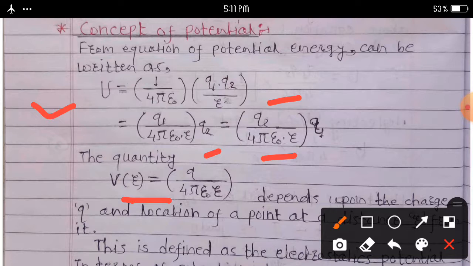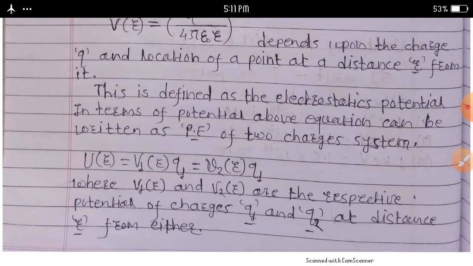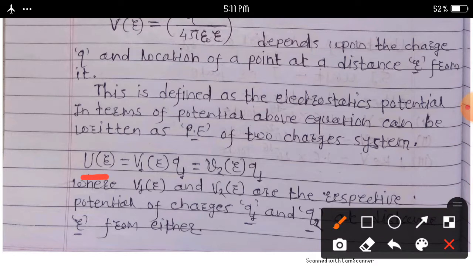In terms of potential, the above equation can be written as the potential energy of a two-charge system. Then we can write U(r) is equal to V1(r) into q2 is equal to V2(r) into q1, where V1(r) and V2(r) are the respective potentials of charges q1 and q2 at a distance r from either.